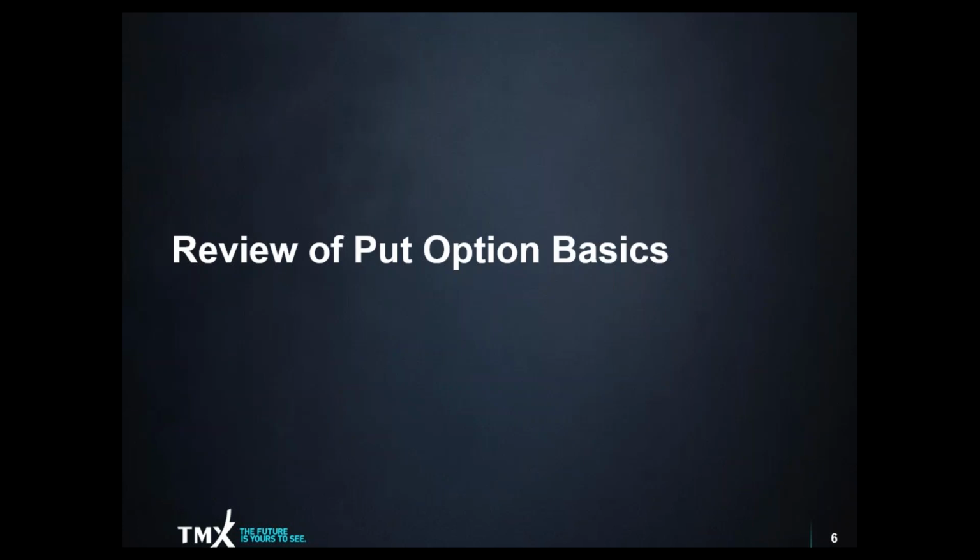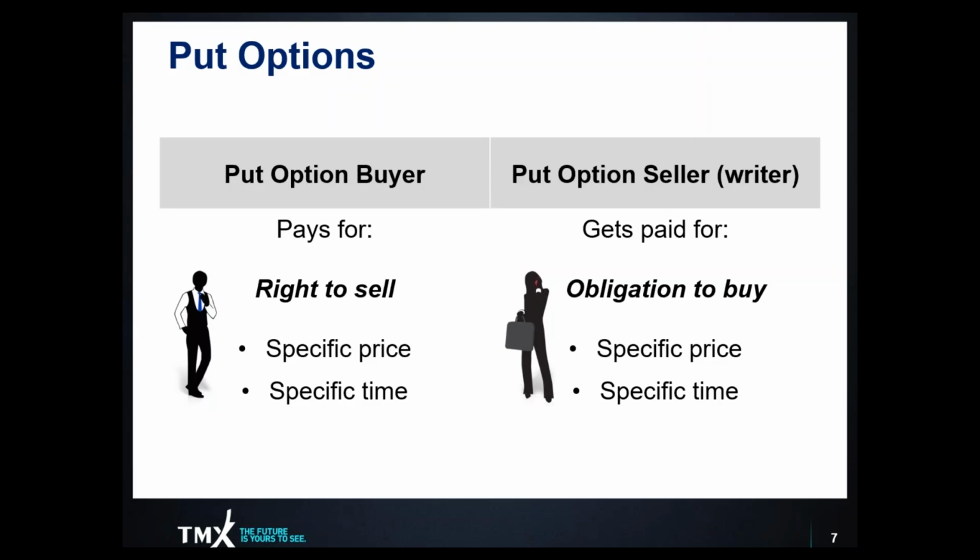So with that in mind, let's first take a quick look at put option basics. Remember that a put option is a contract, and you can be the buyer and/or the seller of that contract. The put option buyer pays a premium and secures the right to sell the underlying security at a specific price. That right is valid for a specific period of time, and that is something we have control over, which we're going to discuss as we move forward throughout the presentation.